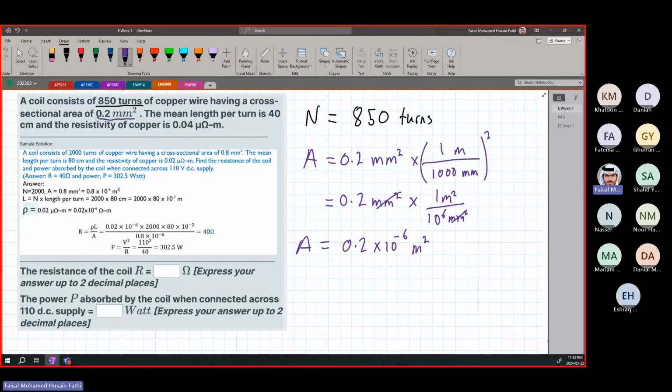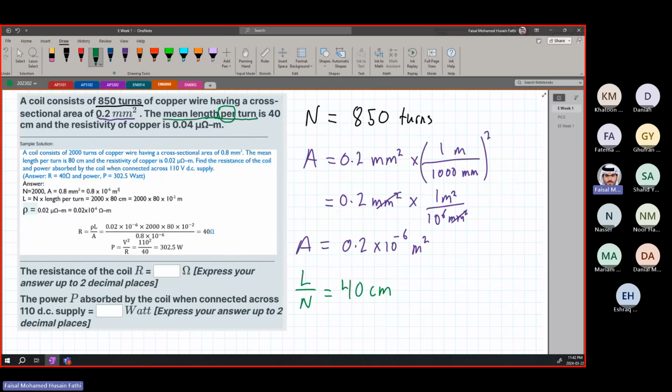Moving on. The mean length, so this is length L, the mean length, meaning the average length per turn. What does length per turn mean? It means L over N. Length per turn. Because N is the number of turns. L over N is equal to 40 centimeters. Okay? Again, the mean length, it's saying per turn.